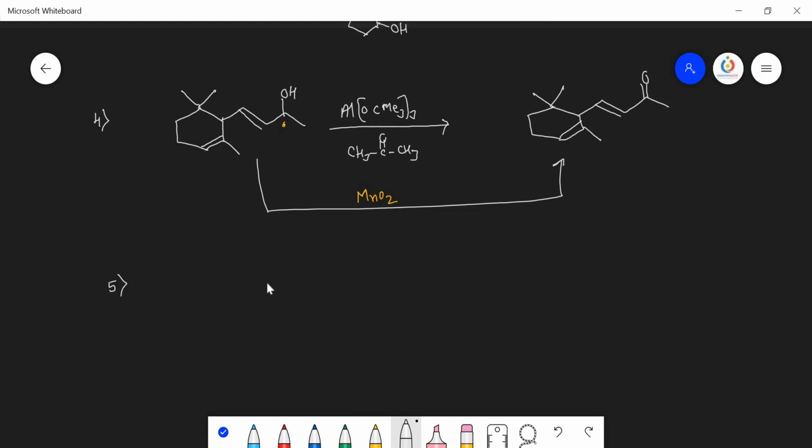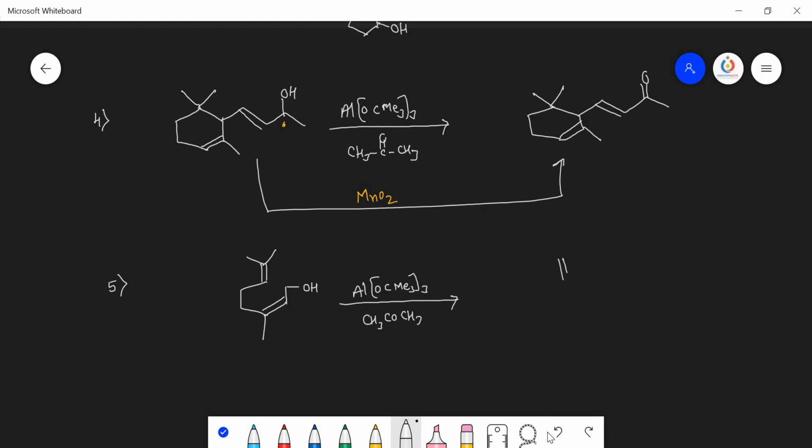Let us take another example. This is a molecule where again I am using aluminum tertiary butoxide. Again, this is an allylic alcohol.